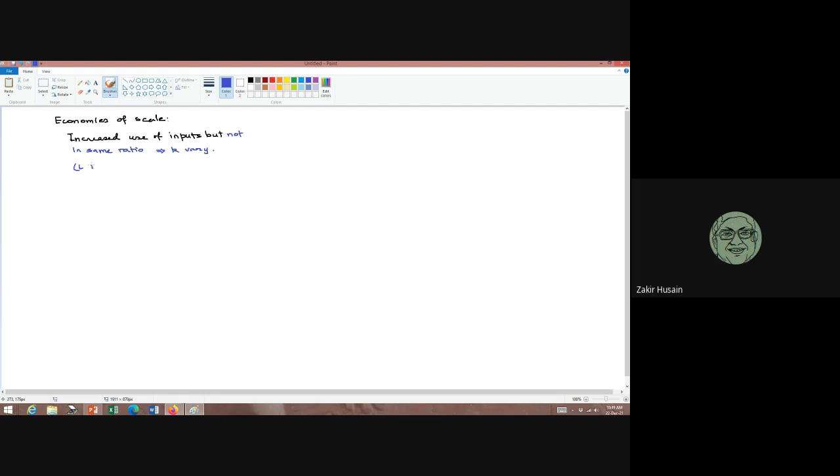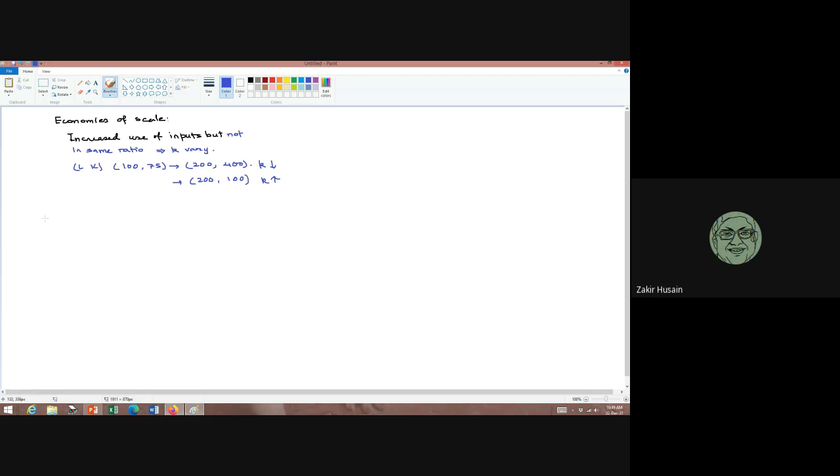So suppose your labor and capital was 175, you make this 200, 400. Or you make it, this is double, but it is increased to only 100. So in this case, capital labor falls. In this case, capital labor increases.